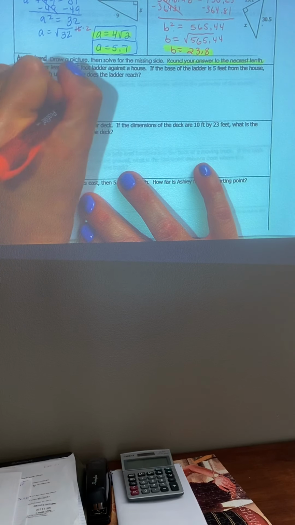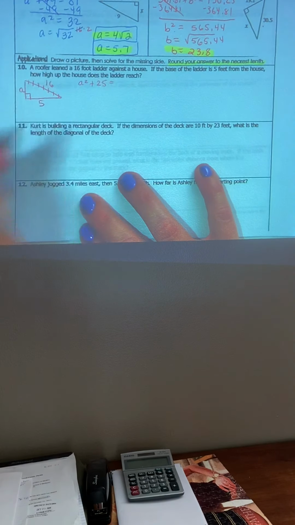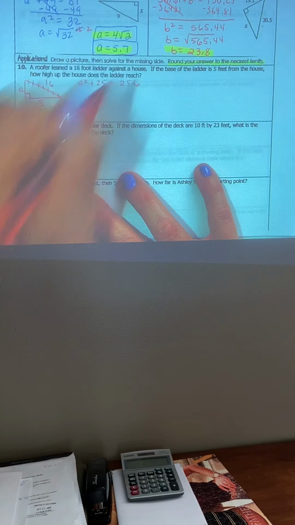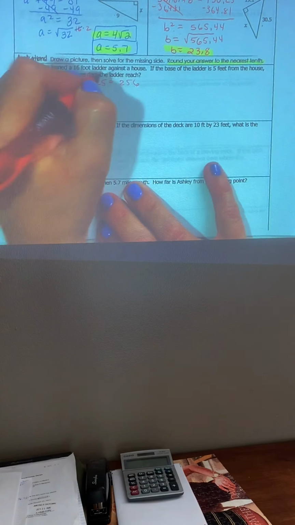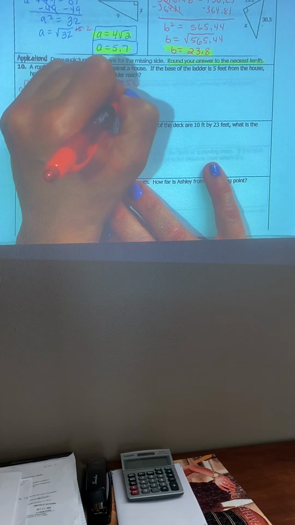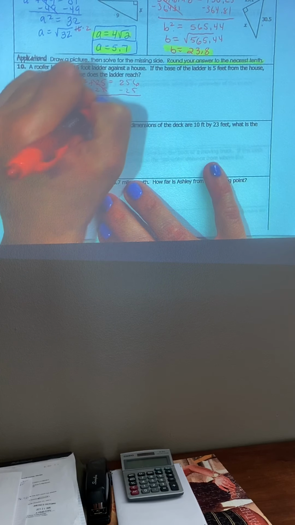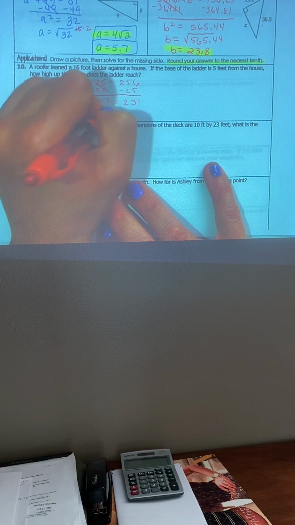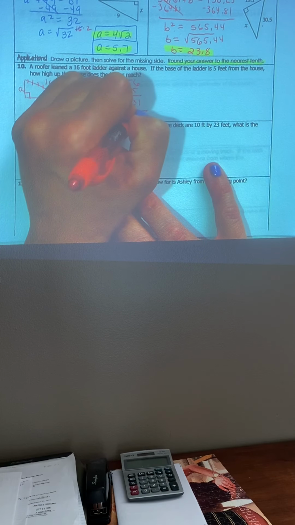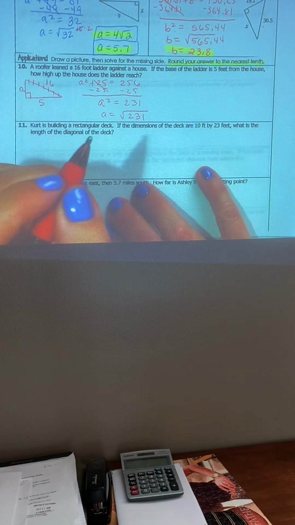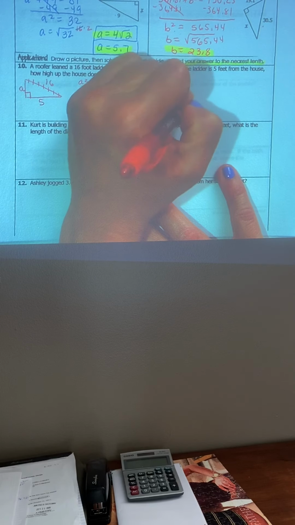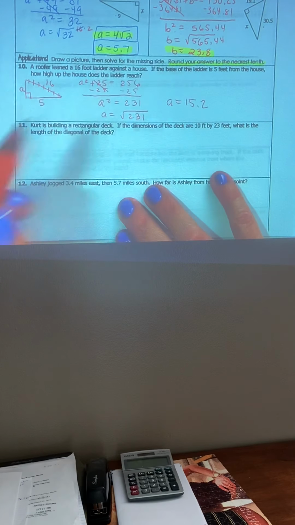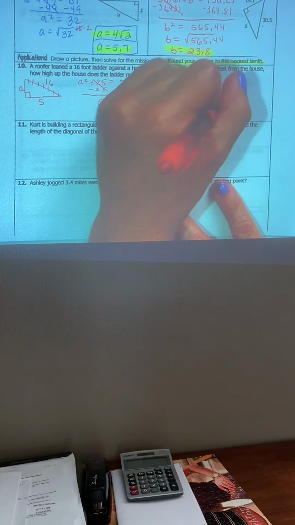A squared plus 25 equals 16 squared, that's 256. A squared equals 231. Take the square root of 231, which is 15.2. Remember, we round to the nearest tenth. And what are we talking about? We're talking about feet.